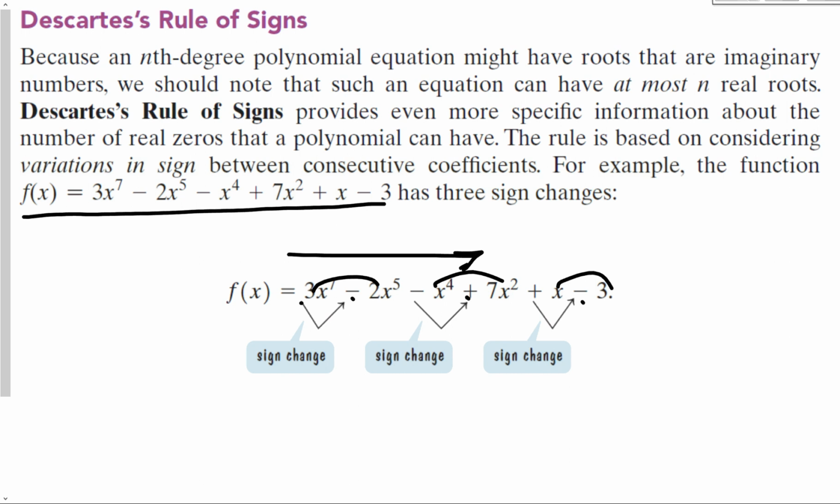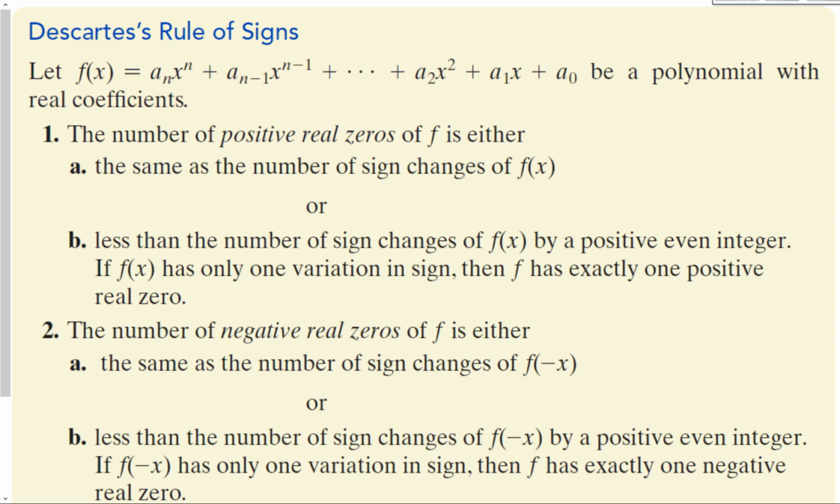And the number of sign changes can help us figure out what's going on with zeros. So start with your polynomial with real coefficients. The number of positive real zeros is the same as the number of sign changes of the function, or less than the number of sign changes by a positive even integer.